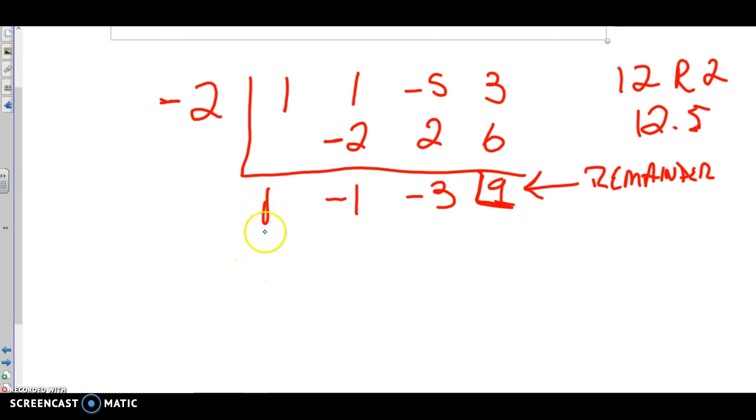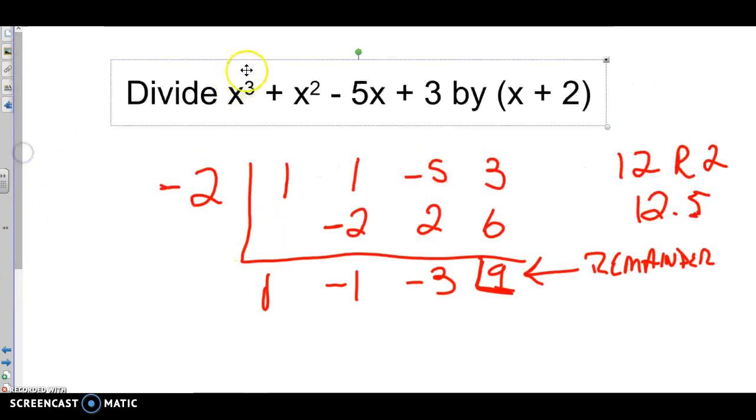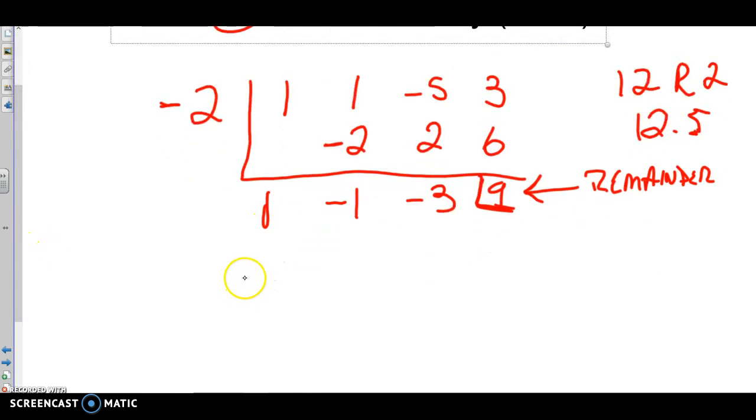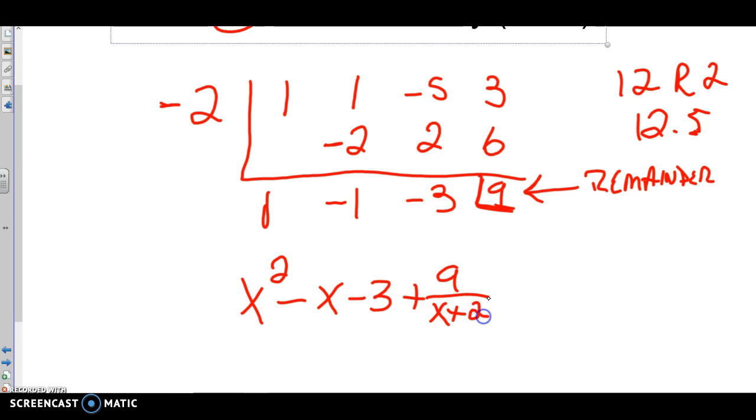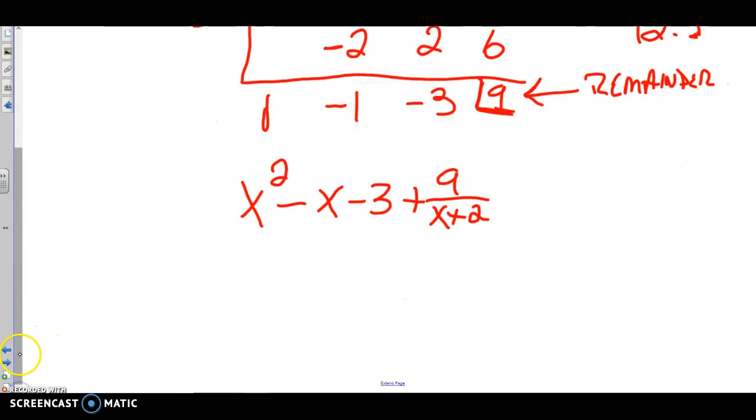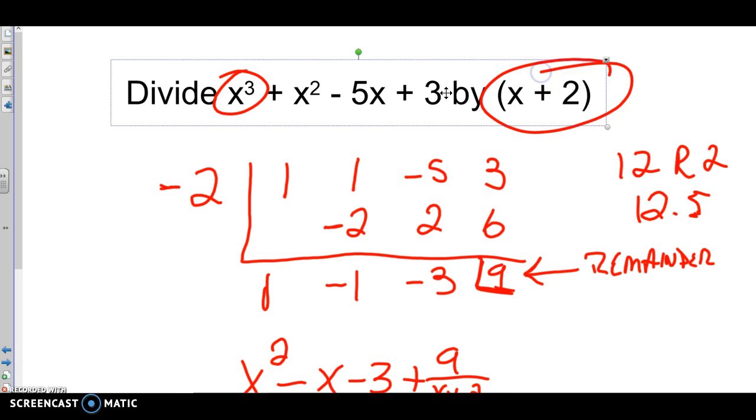So again, dropping 1 degree, starting with x cubed, now I'm going to go down to x squared. So this is now 1x squared minus x minus 3 plus my remainder, which is 9 over x plus 2, because I'm dividing by x plus 2.